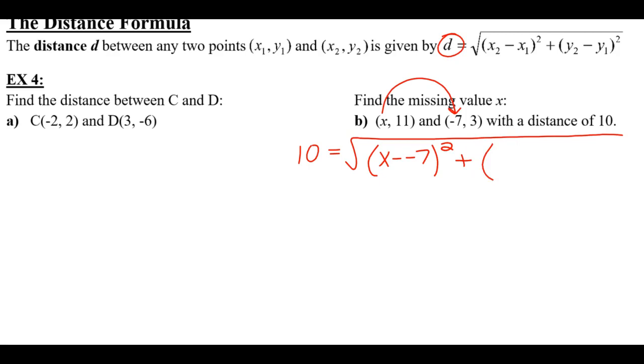So now, if I choose to write that value first, what y value has to come first? The 11. You have to do the 11 first or it's going to be wrong. You have to keep the same order. 11 minus 3 squared. So x minus x, y minus y, keep the same order.